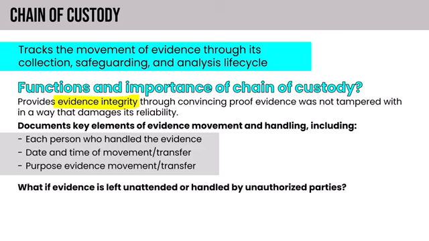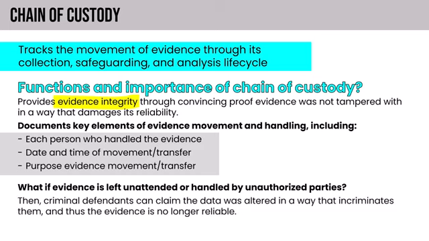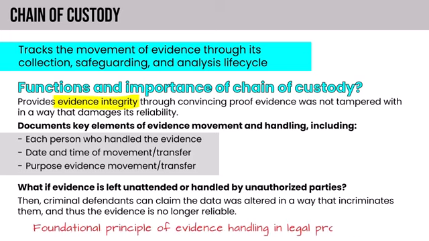So what if evidence is left unattended or handled by unauthorized parties? Well then, criminal defendants can claim the data was altered in a way that incriminates them, and thus the evidence is no longer reliable. Chain of custody is a foundational principle of evidence handling in legal proceedings.